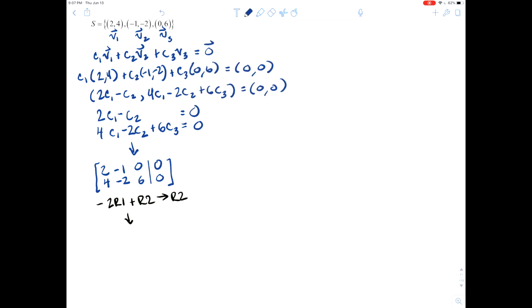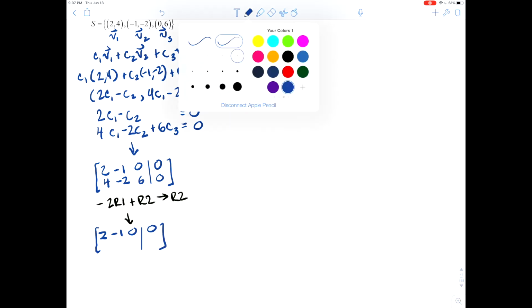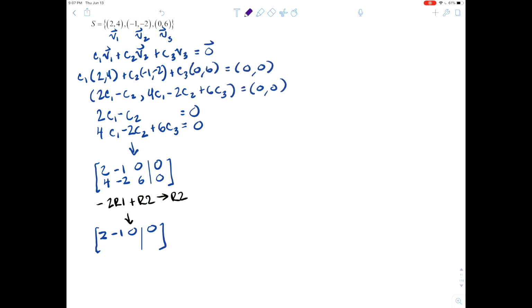The first row is the same, and our new second row will be -4 plus 4 is 0, 2 plus -2 is going to be 0, and we'll still have the 6 here.